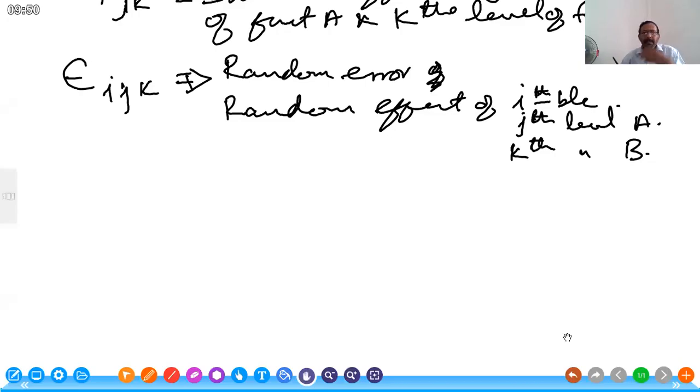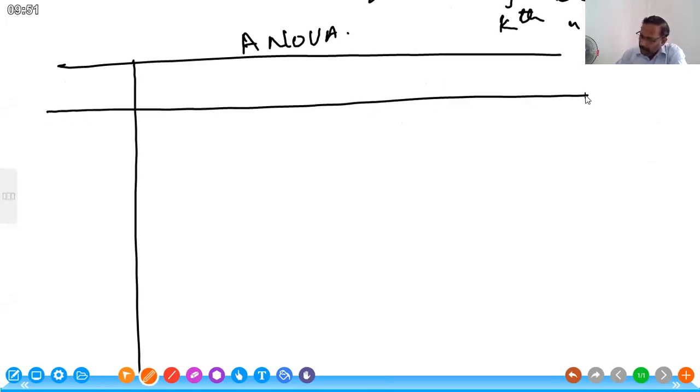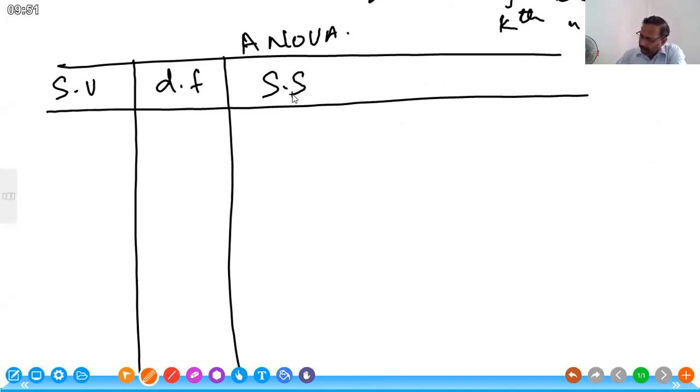Right. We will continue with the Anova table. So the same setup is coming in the Anova table, right? Don't be surprised by looking at this Anova table. So Anova table for the above model. I will very briefly say the source of variance, degrees of freedom, sums of square.